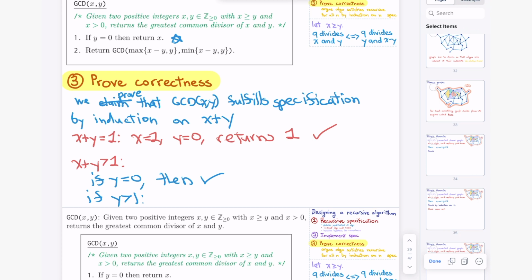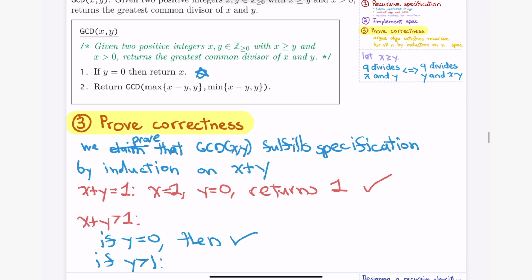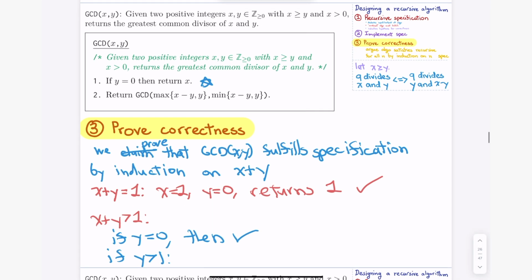What I want us to do is very precisely invoke this sentence on something smaller, and say, oh, that sentence I know is going to work because it's smaller in the quantity that I'm counting.